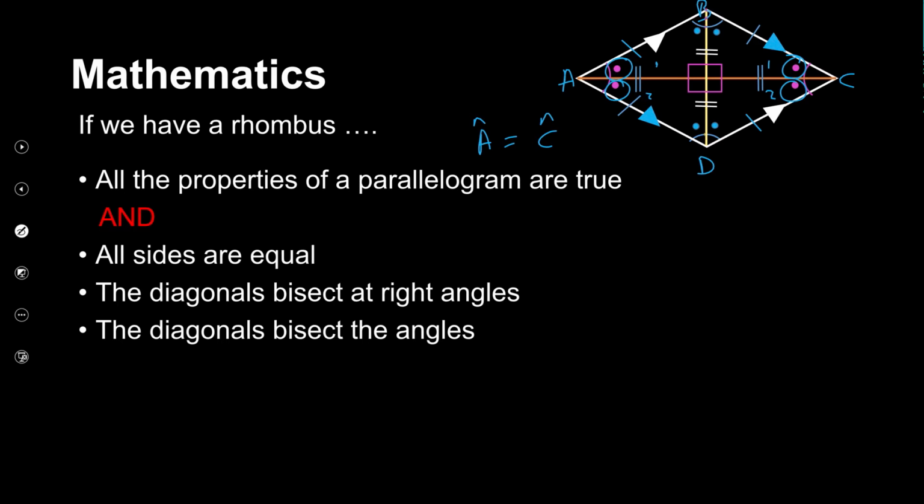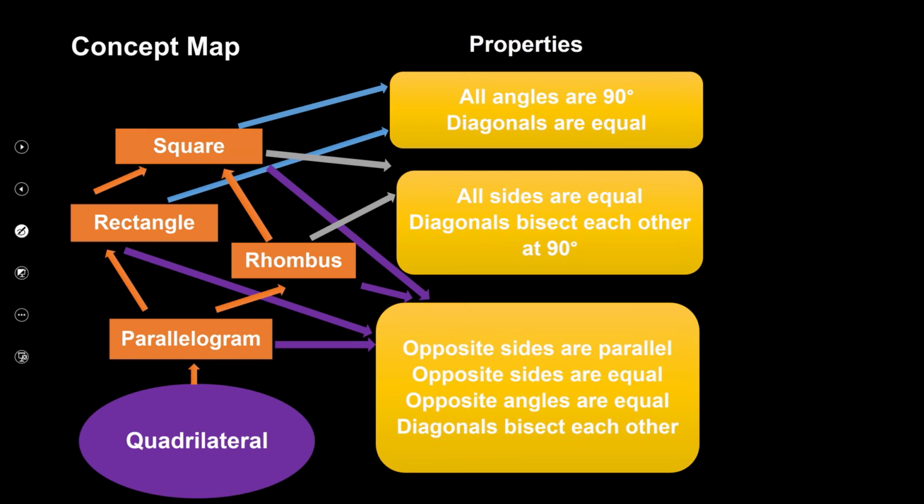But does this not make 4 equal angles? It does, because this will be X, X, X, X, if I was to talk about it in terms of X. Now, with all that being said, it means that we can now look at a rhombus to be classified as one.